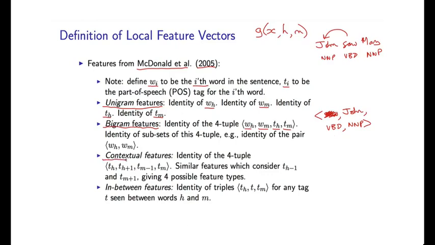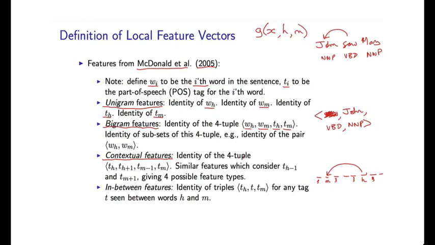McDonald also used contextual features. For example, if we have a particular dependency, this is word h and this is word m. You might be interested not just in the part of speech tag for the mth word and the part of speech tag for the hth word. You might also look at the part of speech tags to the immediate left and right of this head and modifier word.